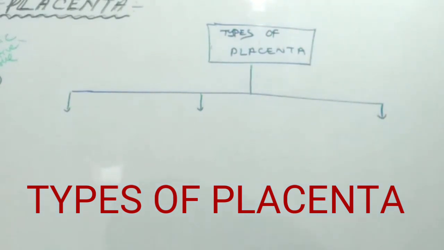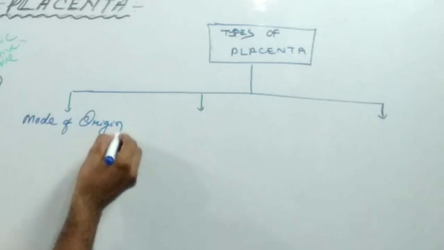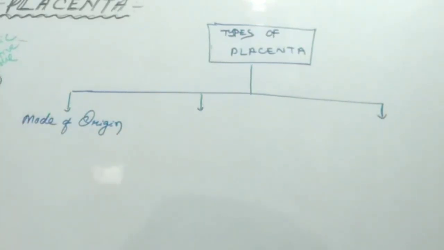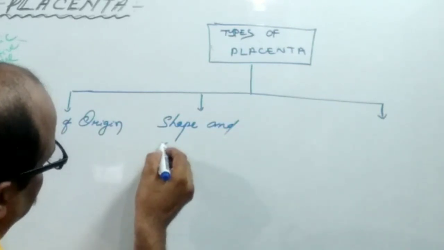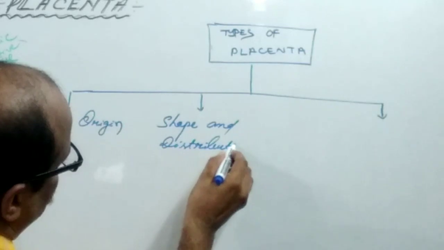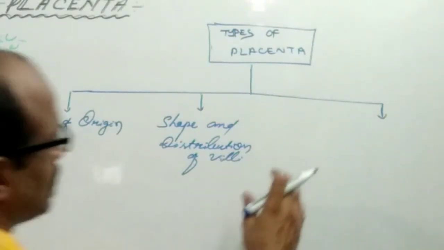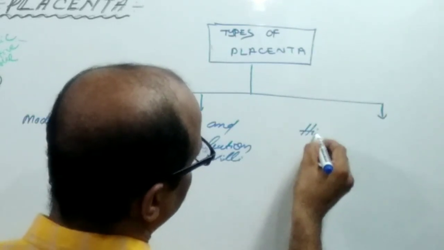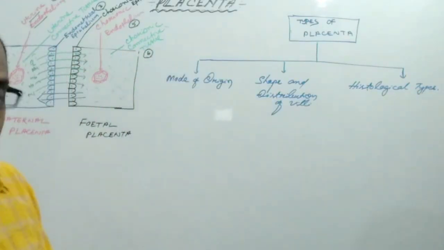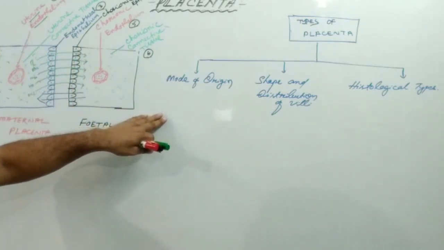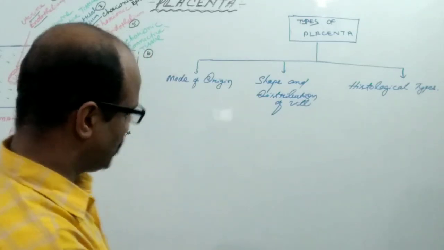One is the mode of origin, another is the shape and distribution of villi, and the last criterion is histology, or histological types of placenta.